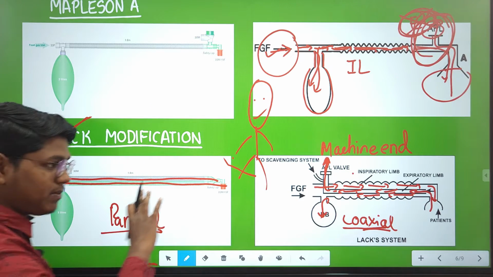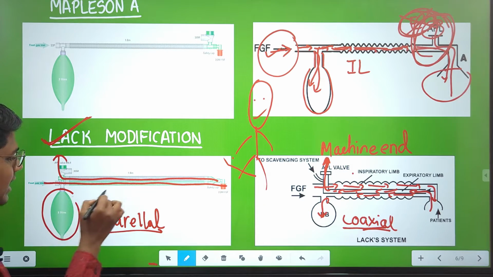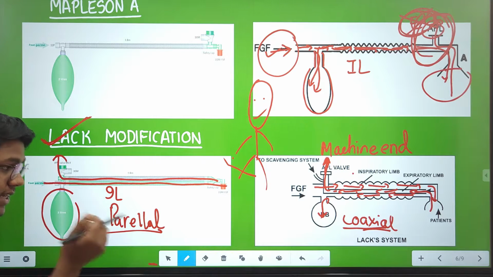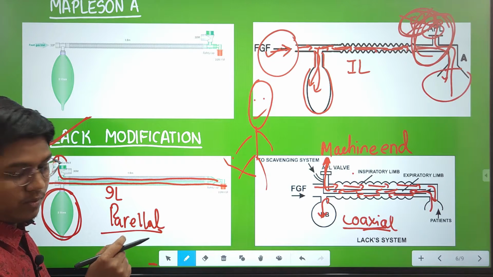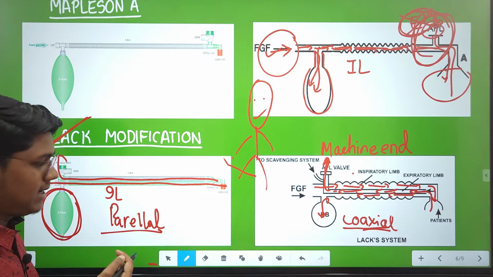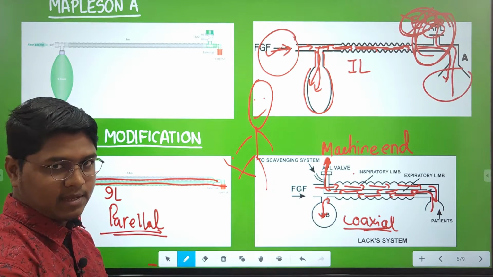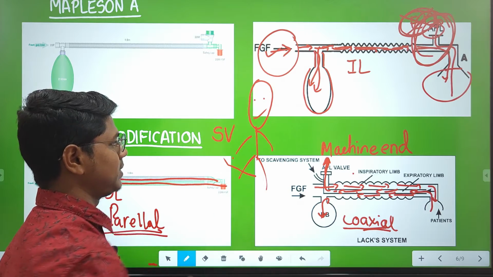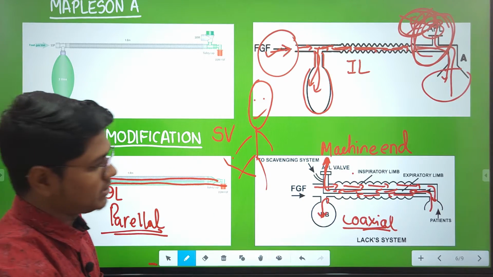You see the difference between Mapleson A and D is, here the reservoir bag is in the inspiratory limb. I will discuss the Mapleson D, this reservoir bag will be in the expiratory limb. This is a difference between Mapleson A and D. So you understood what is Mapleson A. Mapleson A is best for spontaneous ventilation because the fresh gas flow needed is equal to the minute ventilation.